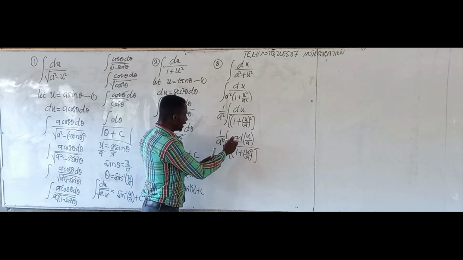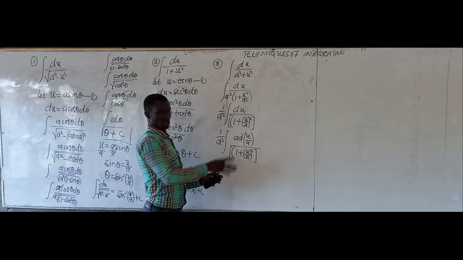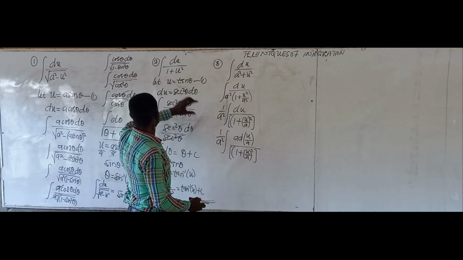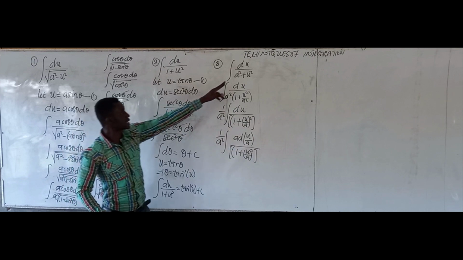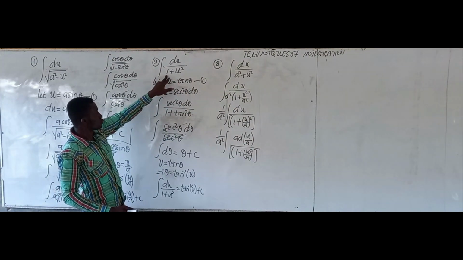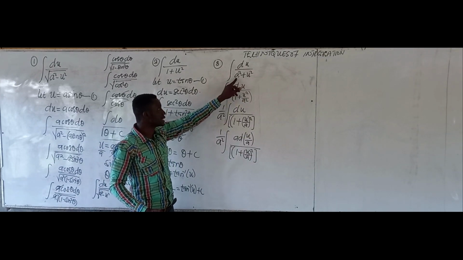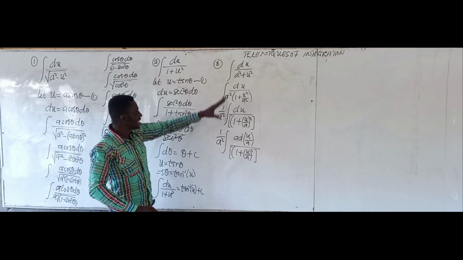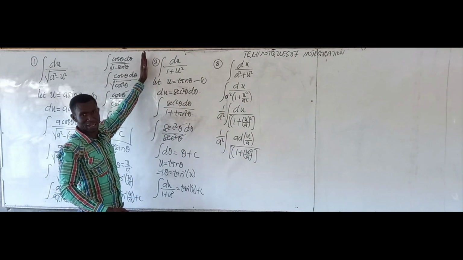So I've intelligently expressed this one in terms of this. Look at it carefully, because this one is similar to this integration. Only that here is 1, but here is a squared. It's not 1. Here can be written as 1 squared, u squared. Here is a squared, u squared. It means that this a is a number other than 1, but it can be expressed to have similar identity to this one.